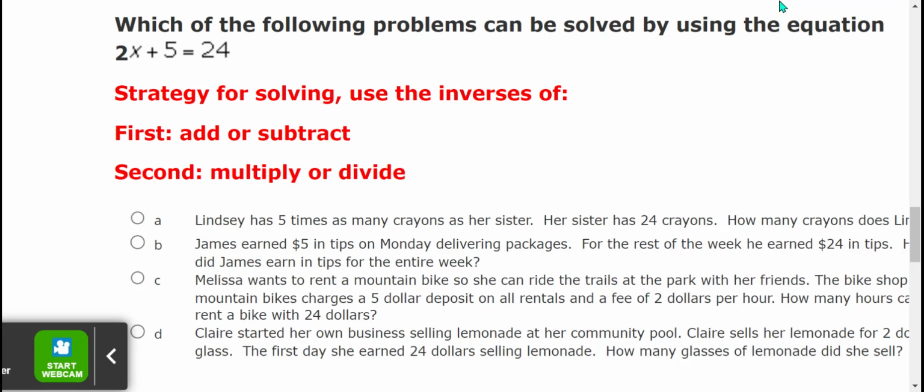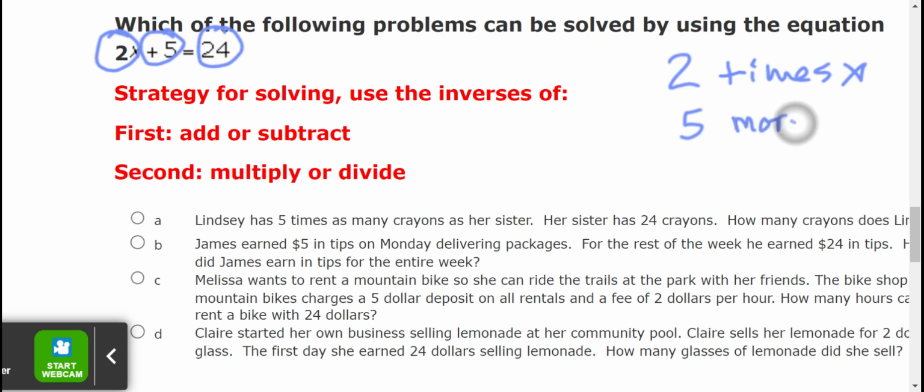Okay, so this one we don't necessarily need to solve, but we need to look at the terms inside this equation. So we have 2 times x, and then we have adding 5, which is 5 more, and is equal to 24.